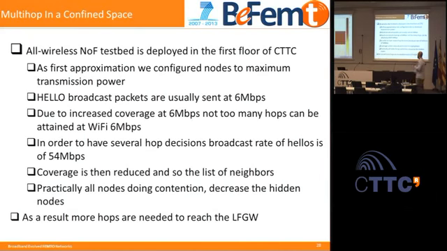What we did is, since the layer 3 topology is defined by hello broadcast messages, which are usually sent at 6 megabits, we increased the rate at which these messages are sent, so that the coverage range that the hello broadcast messages can achieve is minimized.